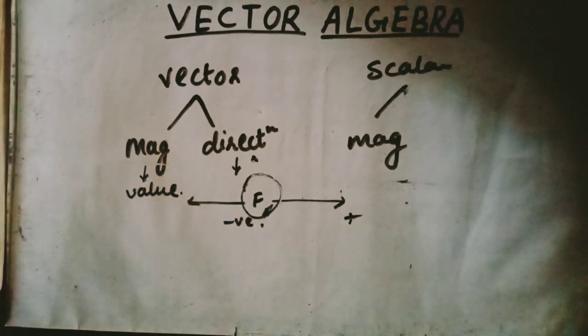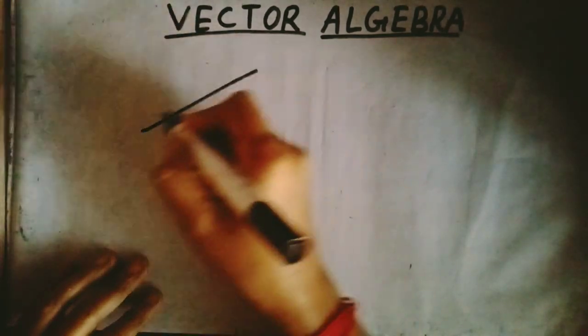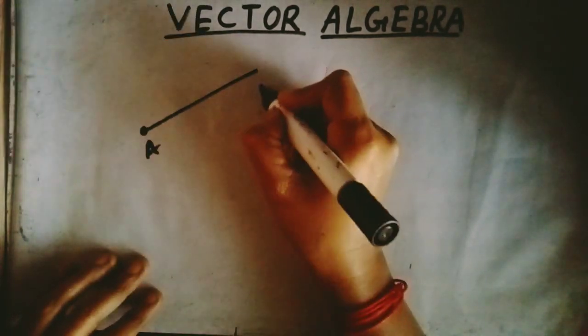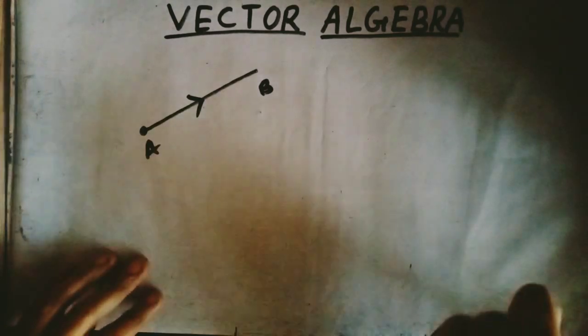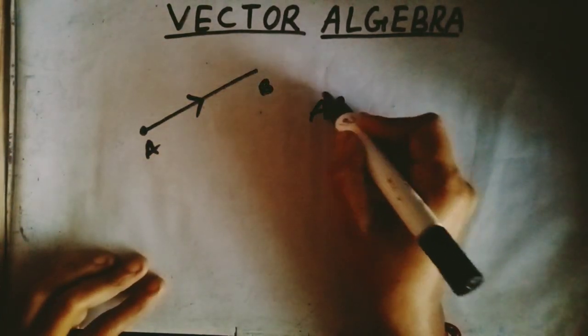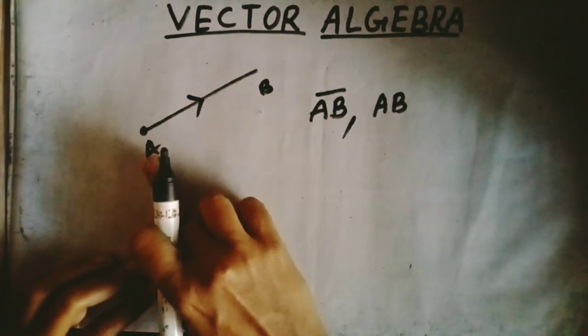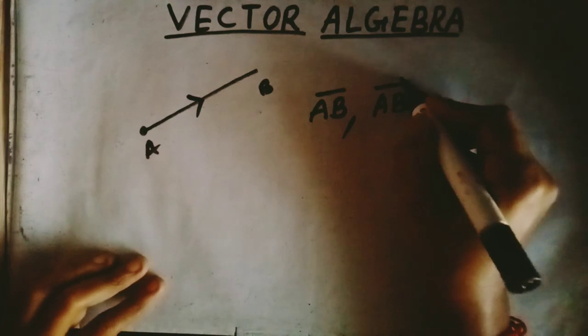If vector AB is directed in this direction from A to B, then it is denoted by AB bar, and the arrow is like this.